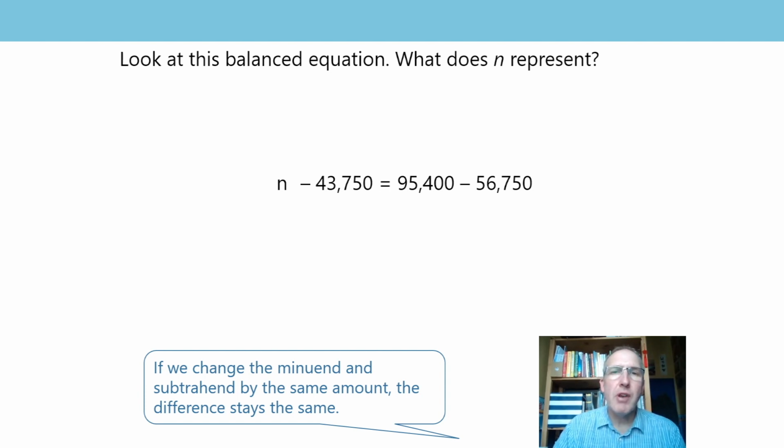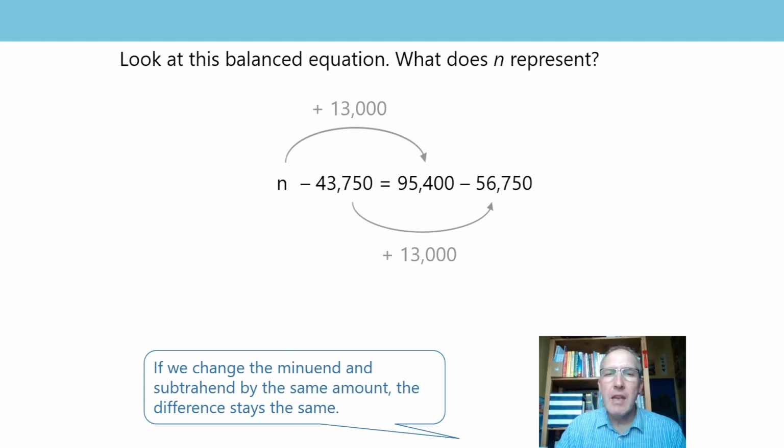How much have the subtrahends changed by? That's right, by 13,000. So the minuends need to have changed by the same amount too. So n, add 13,000, would be 95,400.